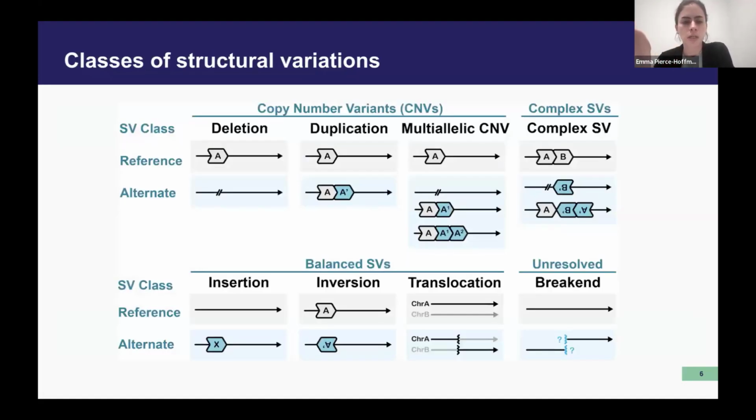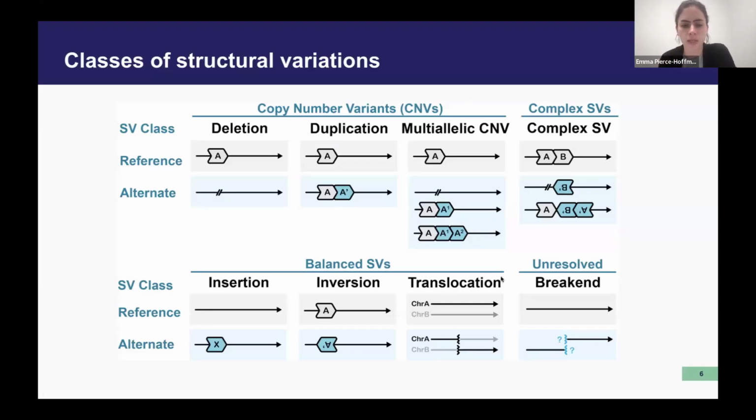In addition to deletions, there are many classes of structural variants that are shown here. Along the top row, we have copy number variants, or CNVs, and these are rearrangements that involve the gain or loss of a copy of a region of DNA. That includes deletions, which we already saw, and duplications, where a region of DNA is copied again, and multi-allelic CNVs, where the copy number is variable in the population.